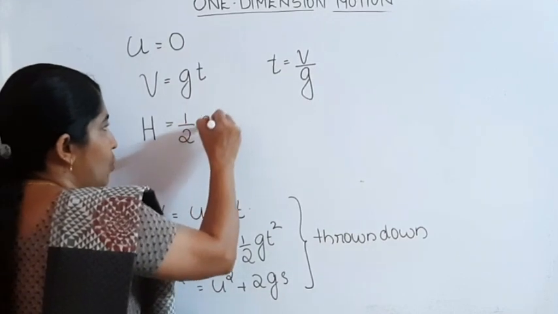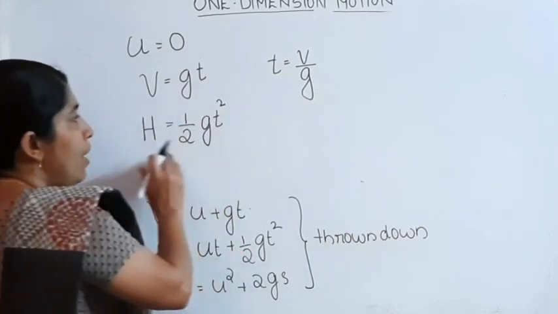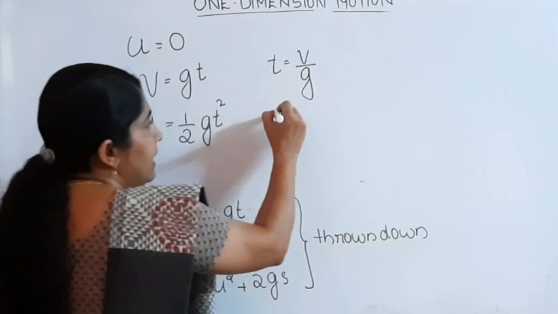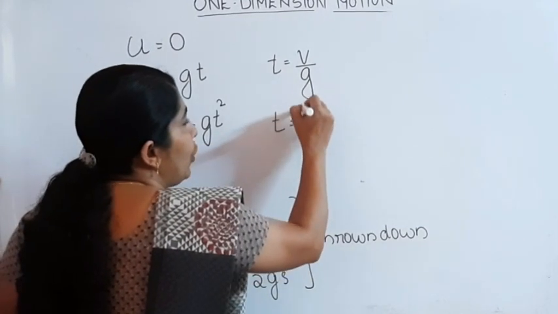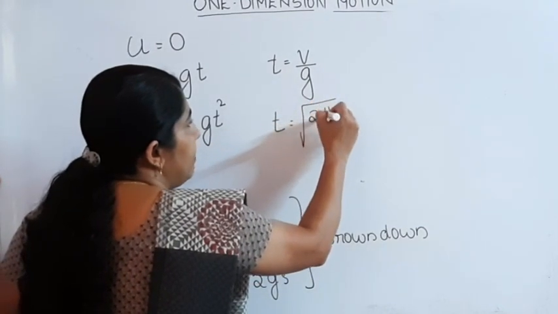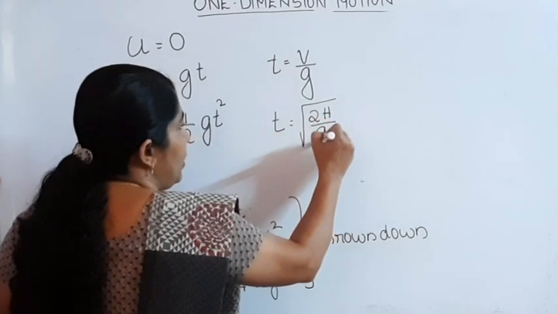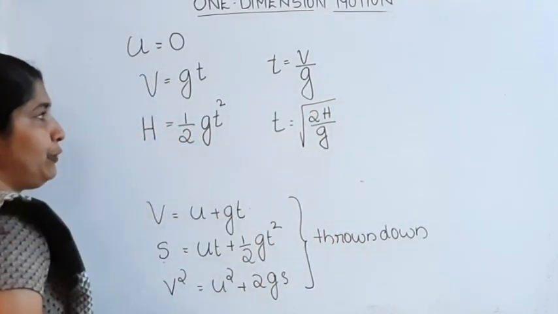From this, T is equal to root of 2H divided by G.